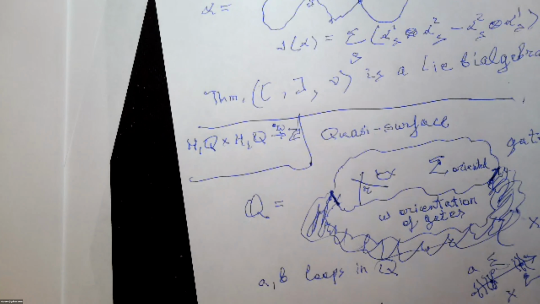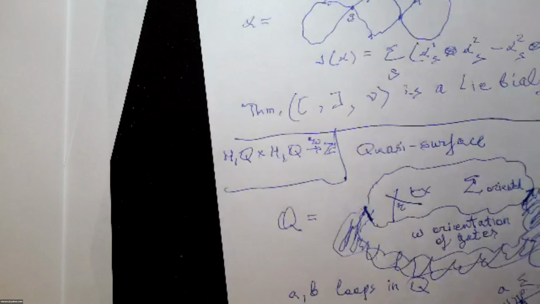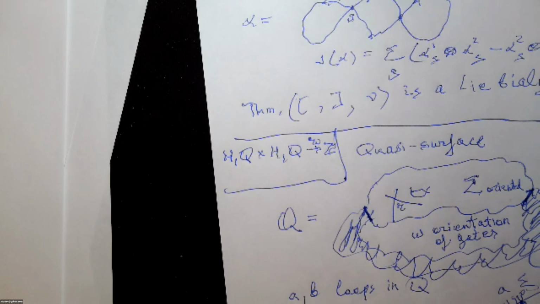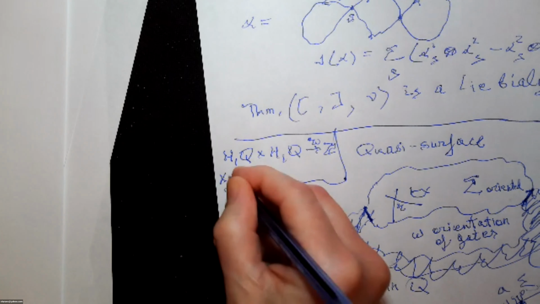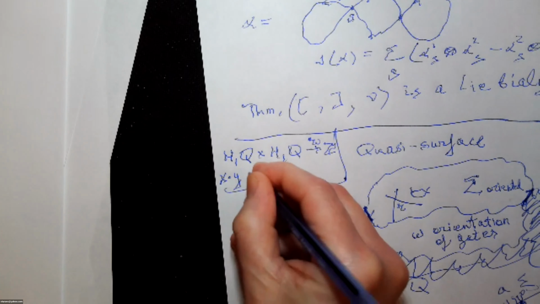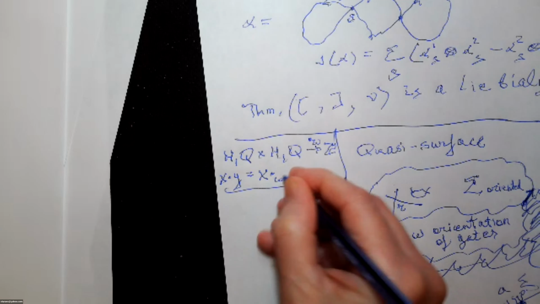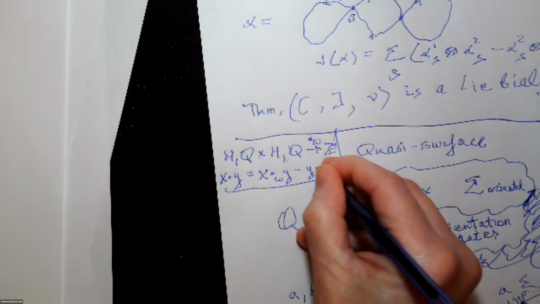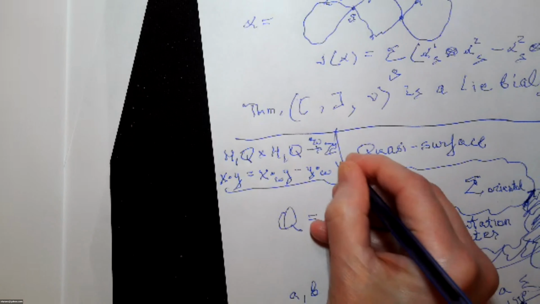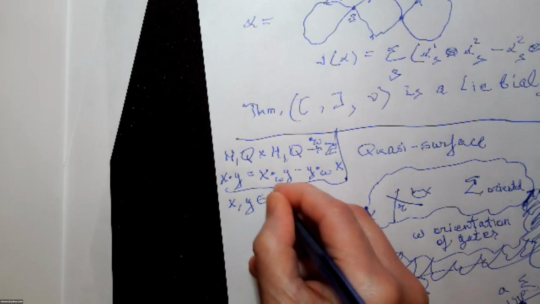Now, the interesting part is that this is not skew symmetric in general, but you can skew symmetrize it. So a new dot is this omega dot minus y, this omega dot x. And this is for all x, y in H1.